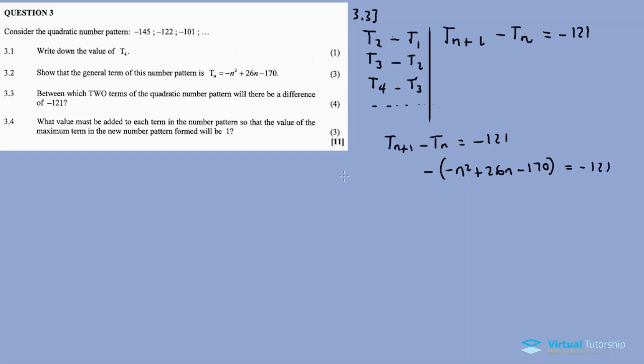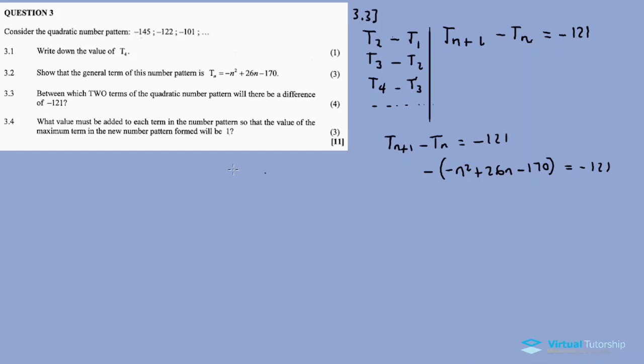Tn plus 1 nangu-ke where there's n kule general term yami ngiyofaka u-n plus 1. Where there's n, I repeat, ngiyofaka u-n plus 1 since it's the following term after Tn.